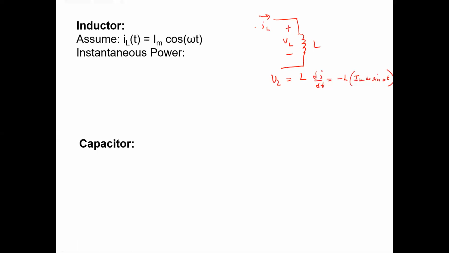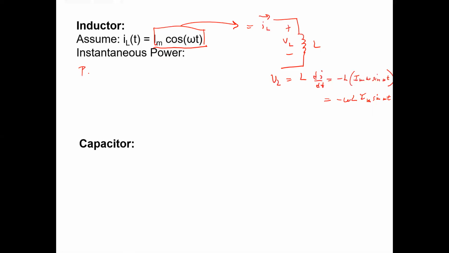If IL equals Im cosine omega t, then the derivative is Im times omega times the sine, with a minus sign in front of it. So VL is going to equal minus omega L Im sine omega t.